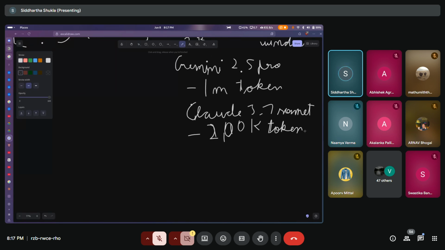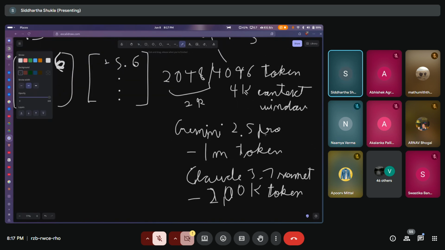So this is the context size for popular LLMs, and this basically refers to the number of tokens the LLM is going to look at simultaneously in order to process the input.